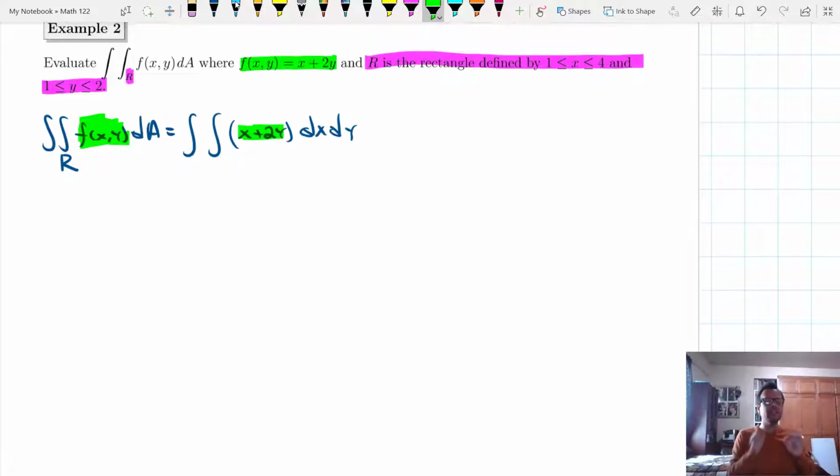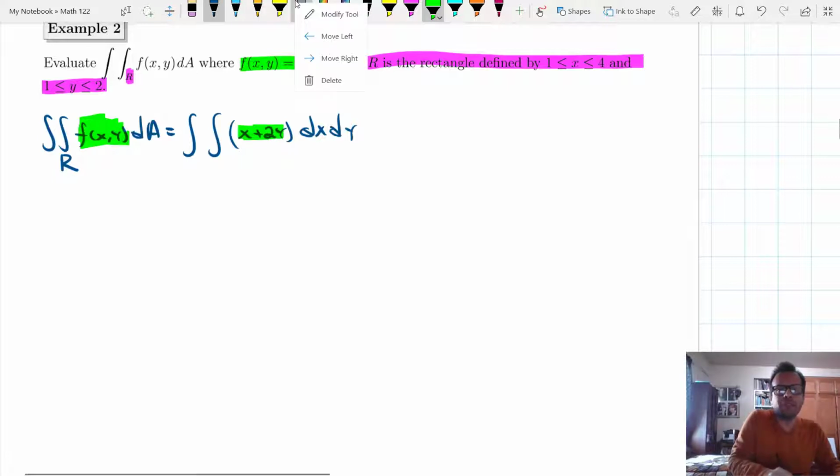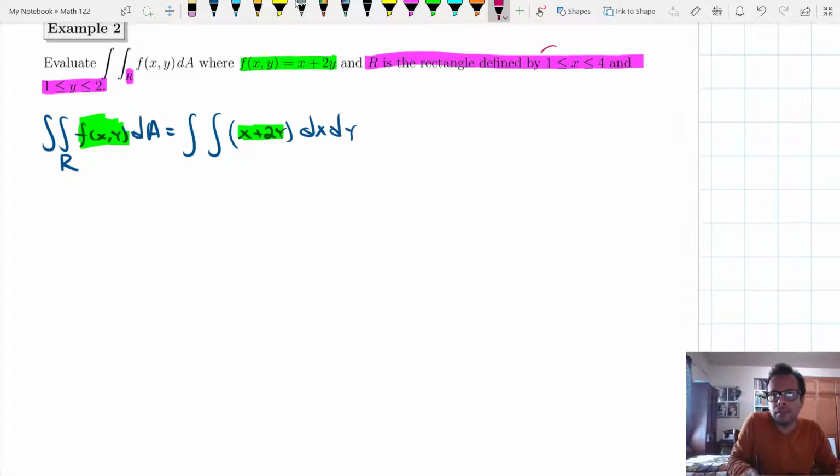All right, here is where we need to pay special attention. Notice x, let me circle, x goes from 1 to 4. So we are going to evaluate the integrals inside out. What do we mean by inside out? We are going to have an innermost integral and an outermost integral.